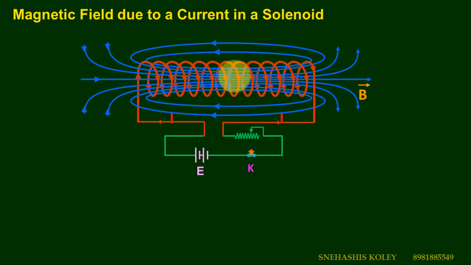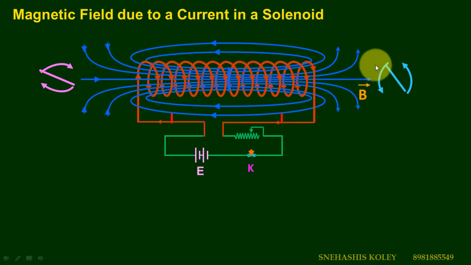And in this figure you can see that this point represents the south pole, because from this face we see that the current is flowing in the clockwise direction, so it will be a south pole.